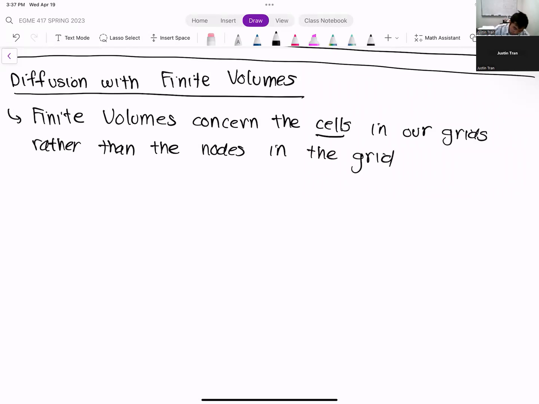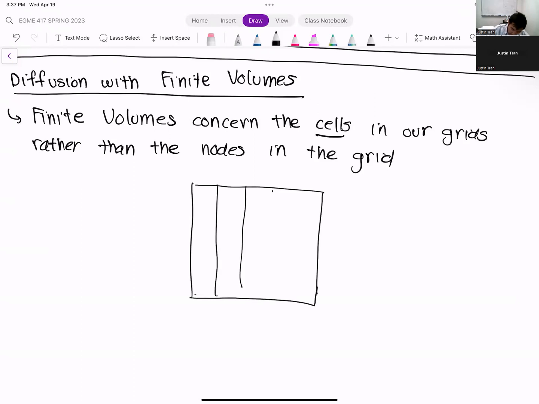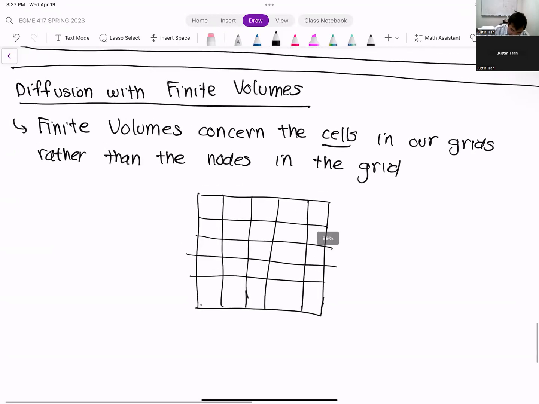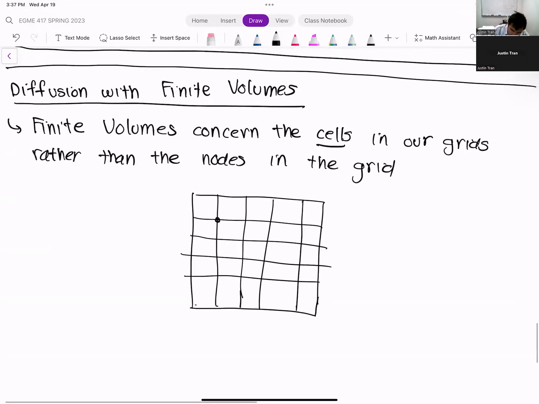So we have a typical 2D grid like this. Normally for finite differences, what we're solving for is the solutions at the intersections of the lines. I call those the nodes or the points in the grid.